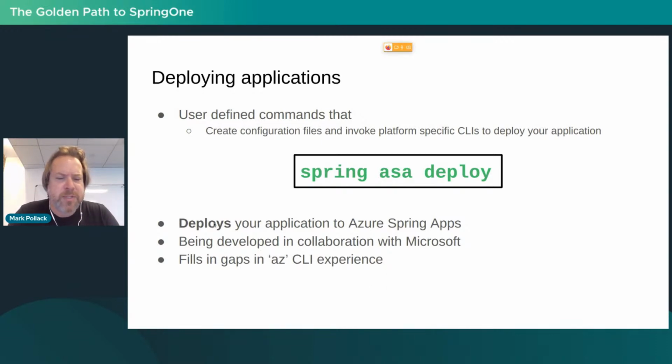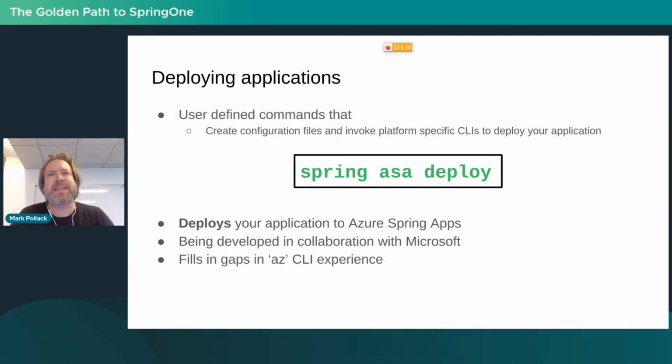Like I mentioned, this deploys your app in one command to Azure. And we're developing this very closely with Microsoft. They've identified a lot of gaps in the user experience of deploying apps only using the AZ CLI. It's often because it's just a few too many steps, so it's nice to reduce the number of steps.